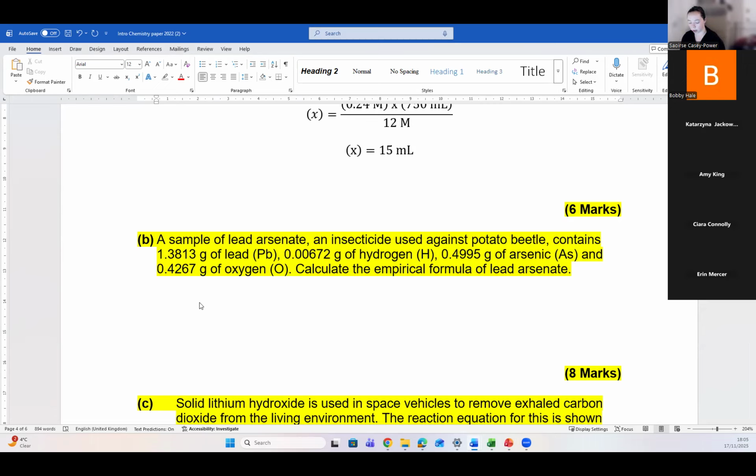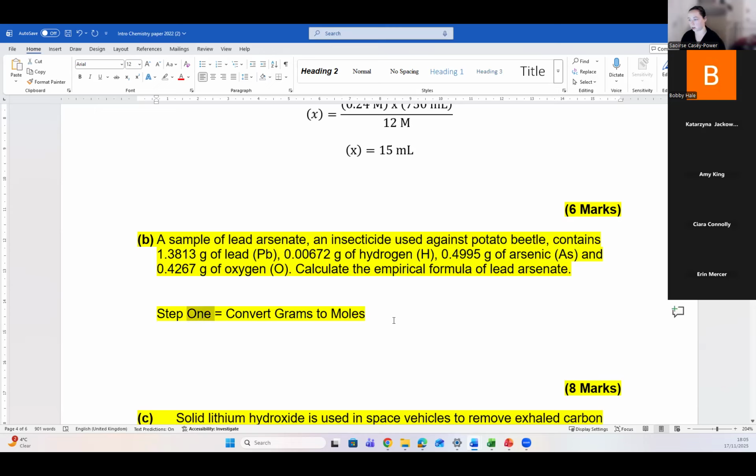Okay, so we're just going to start off then. Your step 1 here, we're going to get each one of these into moles.